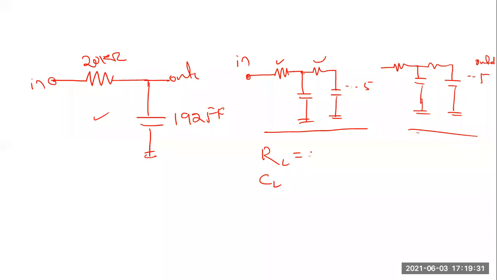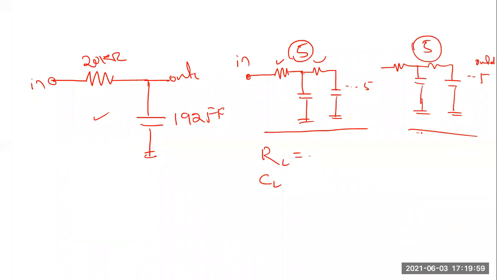Why are you not listening to me? I said 5 sections here, 5 sections here. If you use 4K here, then what will you use in the other section? 2K? 3K?